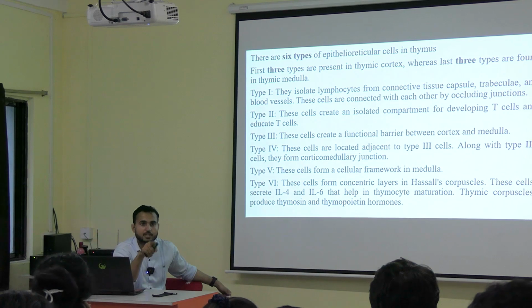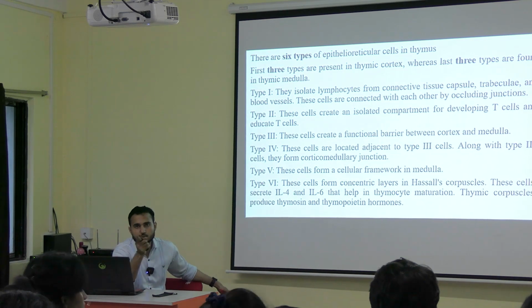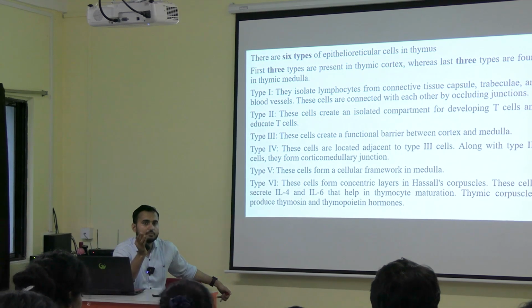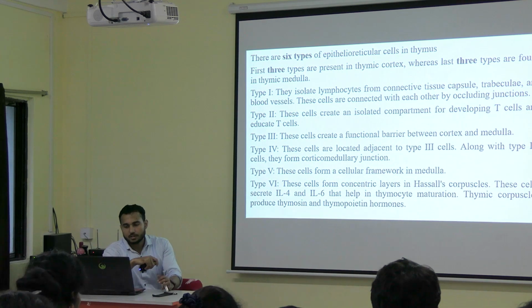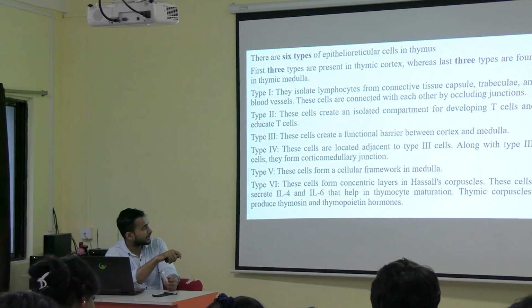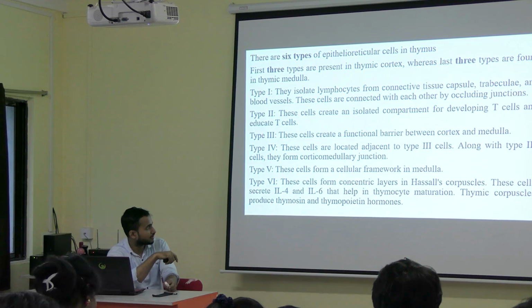So that compartment is produced by type 2 and type 3, so that the T lymphocyte can mature. Next, type 5 cells form a cellular framework, mainly in the medulla.